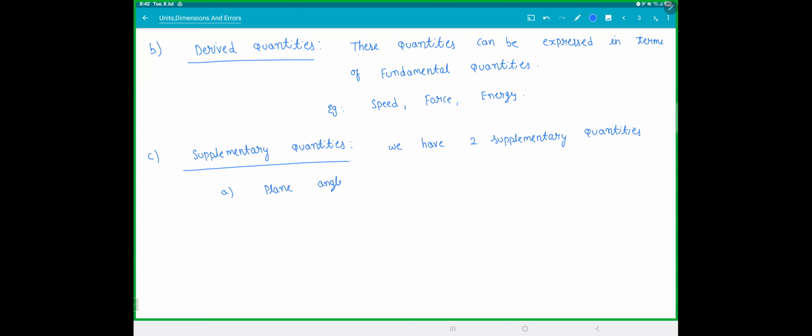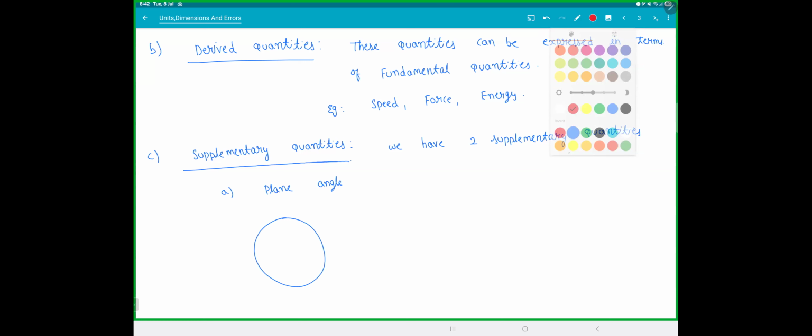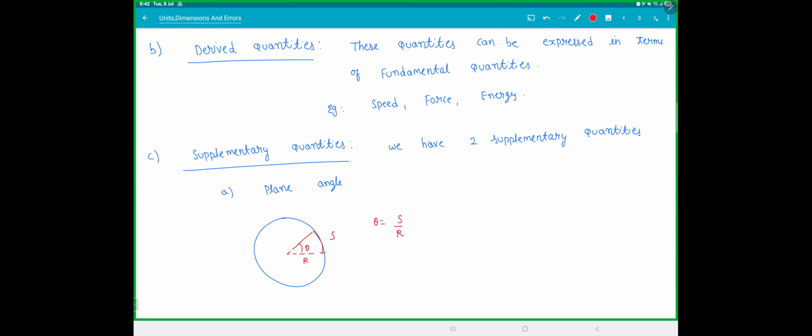This we studied in trigonometry, the first one. Angle is simply arc length by radius. So it's a ratio of the arc length by radius. It is a ratio of 2 lengths basically. Interestingly, notice there are no dimensions for this. So this is a quantity without any dimensions because it's a ratio, but it has units.